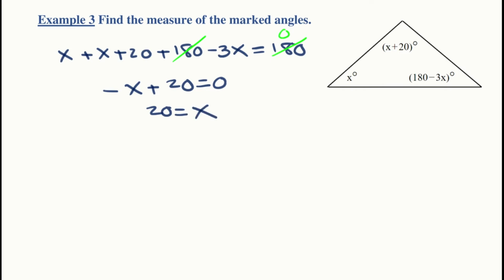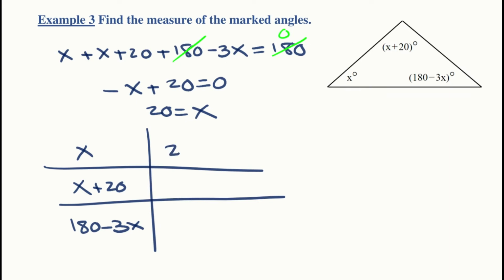So now that we have that, we can get the values of all 3 angles. So we have x plus 20, and 180 minus 3x. I like to organize them in the form of a table.